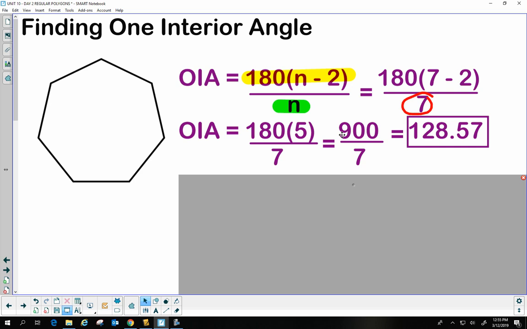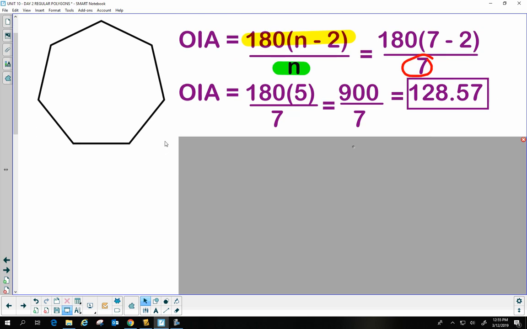Now that we know it's a regular heptagon, we can divide that 900 degrees by 7 and find out that each angle inside is approximately 128.57 degrees. So that means each of these is 128.57, 128.57, and so on and so forth.